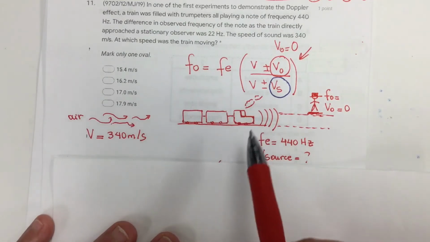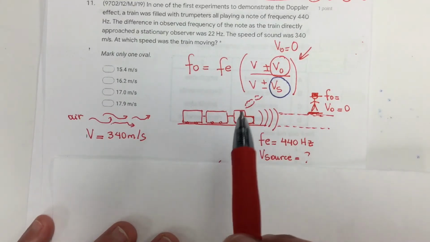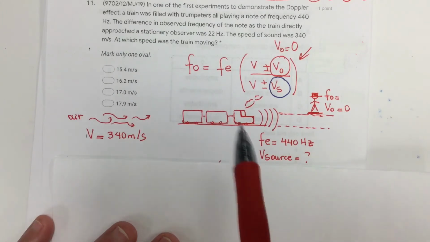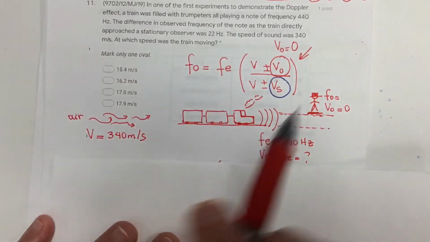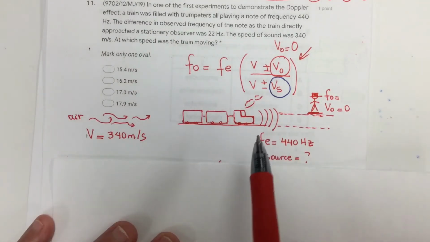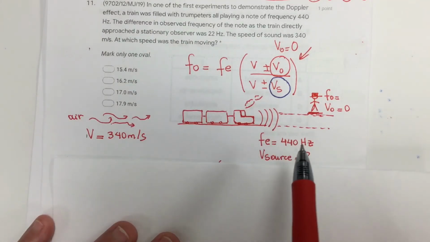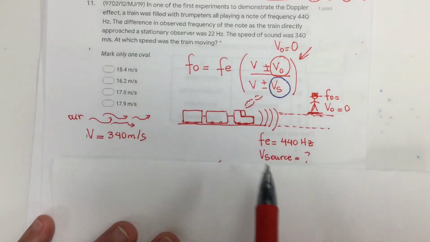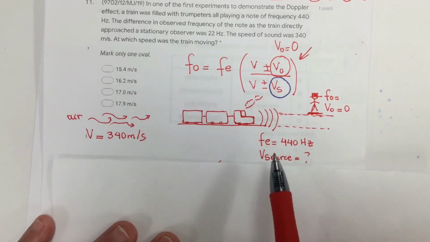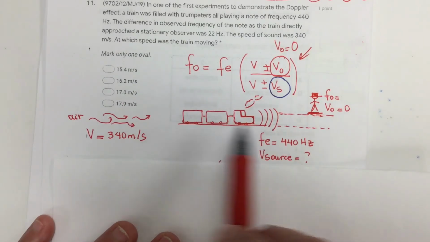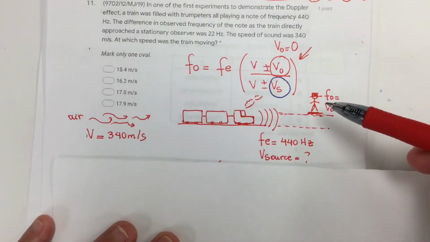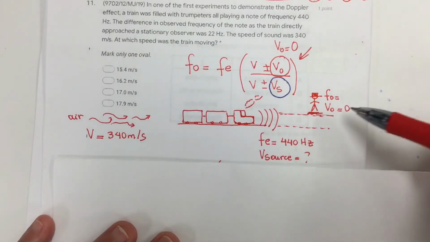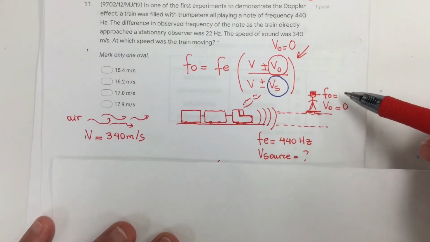Here is a moving train with sound from trumpets being emitted while the train is moving toward an observer. The frequency emitted is 440 Hertz. The problem is looking for the speed of the sound source, which is in the train, so the speed of the train. Now we have an observer that is stationary, so the speed of the observer is 0.